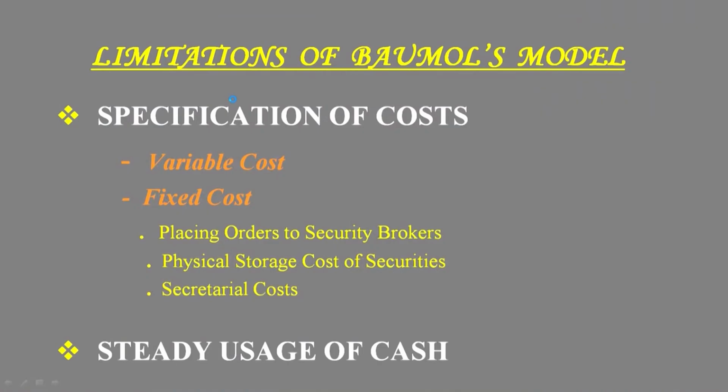To find this out is sometimes very cumbersome, but it is not impossible. Variable cost is easily found out, but the fixed cost on these three accounts creates a problem, but we can still do it because we do it in the case of EOQ or inventory management also.